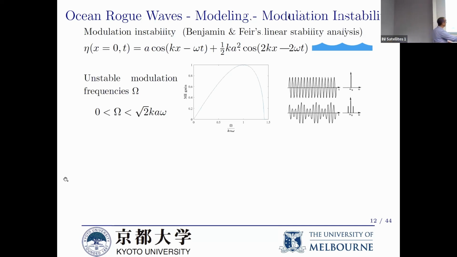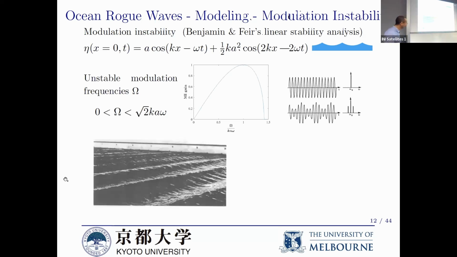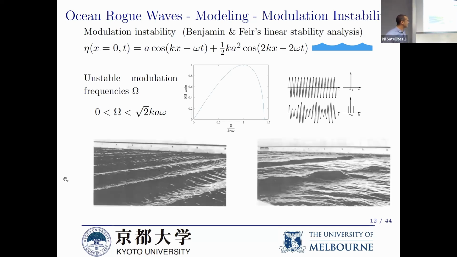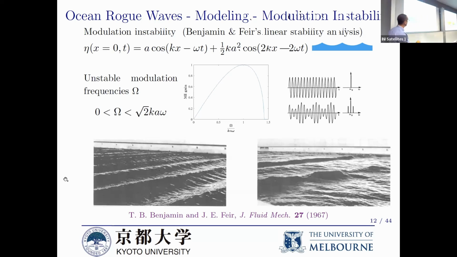So basically, it's the amplitude modulation of your wave field, which then will start to grow exponentially. And this has been shown also qualitatively in experiments done by Benjamin afterward, in the same year actually, where they started with a regular Stokes wave train, and after a propagation distance of 60 meters from the wave maker, started observing distortions of the wave field.